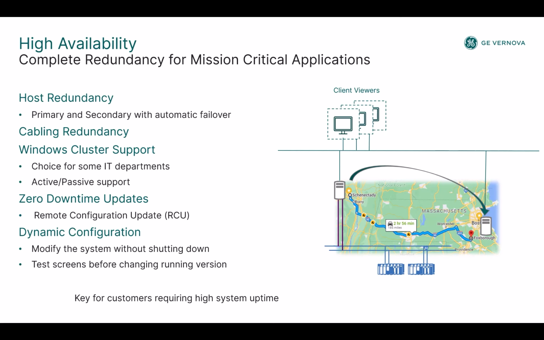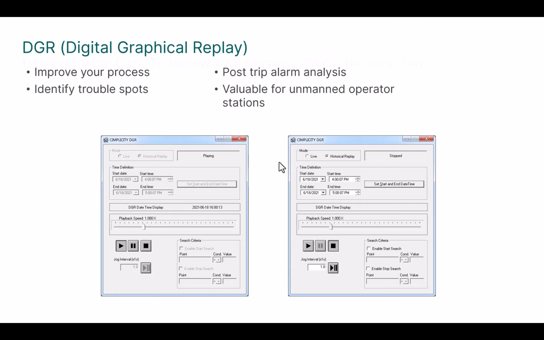Finally, I'll highlight just a few other capabilities that you can add on to a Simplicity project. One that goes along with our historical logging, both SQL and Historian, is the ability to digitally replay or graphically replay the historical data through the HMI and our other clients like the point control panel.